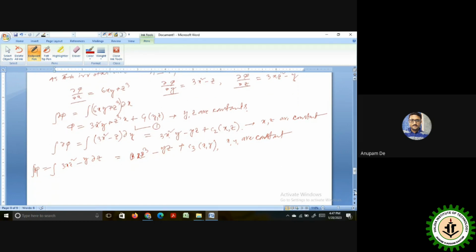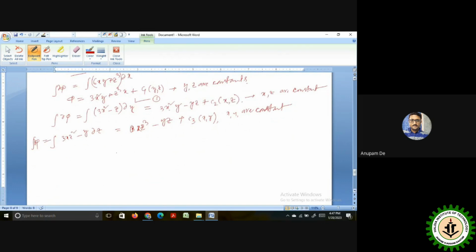Now you see, whenever I try to write phi, phi will be equal to, you see what is common. This is common to these two, so I'll write this once, thrice x square y.